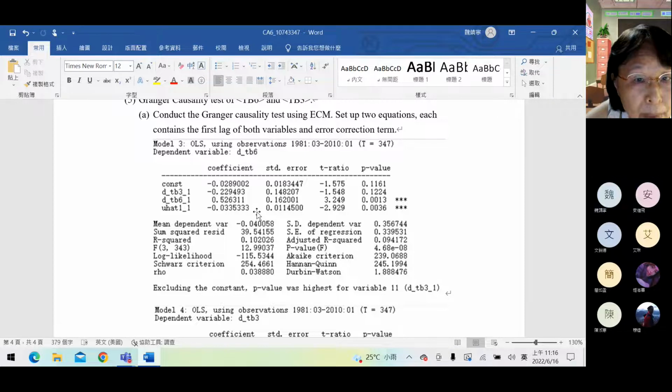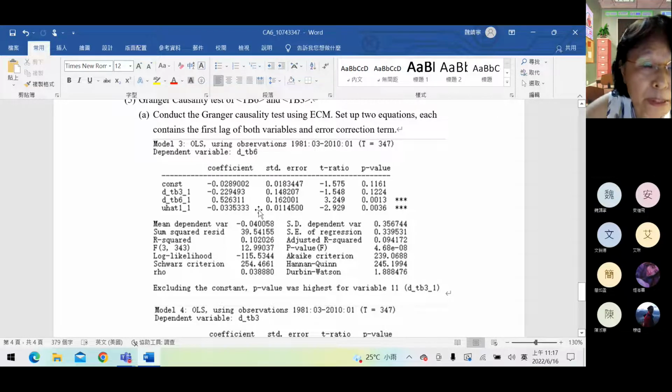But here we do have the error term coefficient. So you need to do the joint test for the first lag of the difference of TB3, as well as the residual error term. I haven't seen the joint test in your report. Oh yeah, I haven't done it.